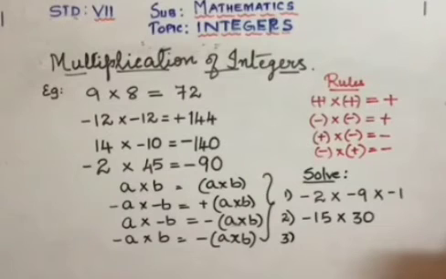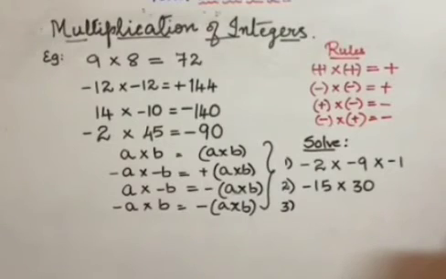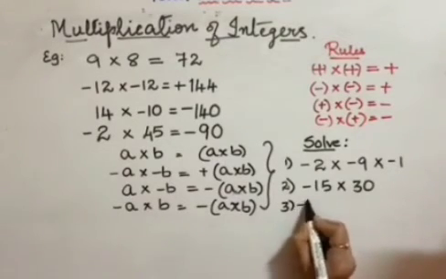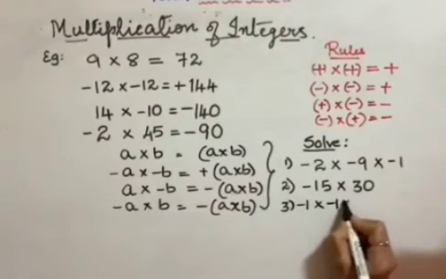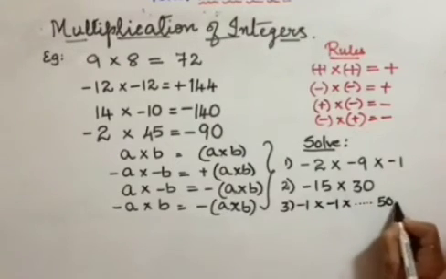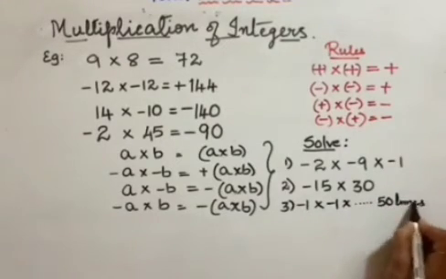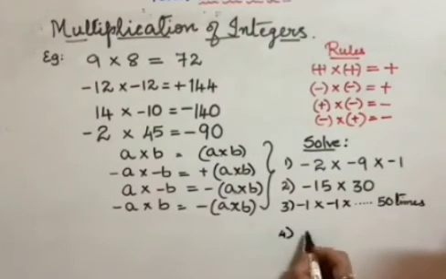I'll give you one interesting problem, children. You will like it. You have to think a little. It's not difficult. Minus 1 into minus 1 into, say, 50 times. Okay? Think of the answer. Next one.